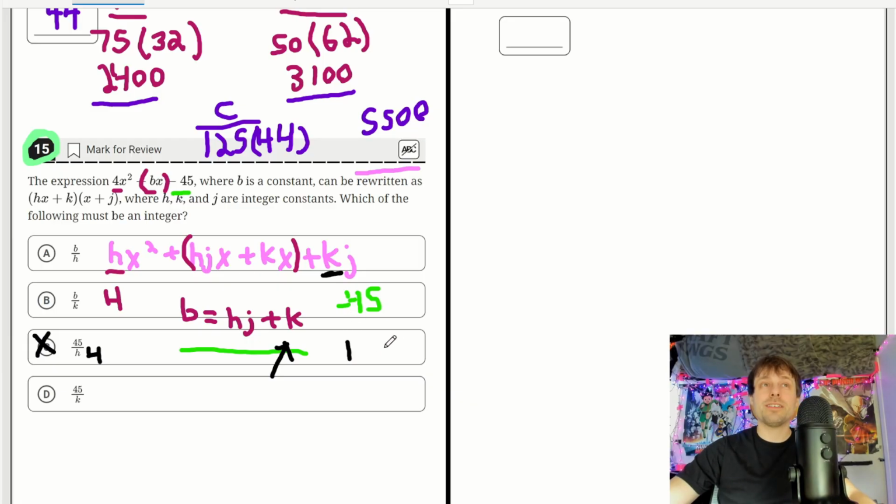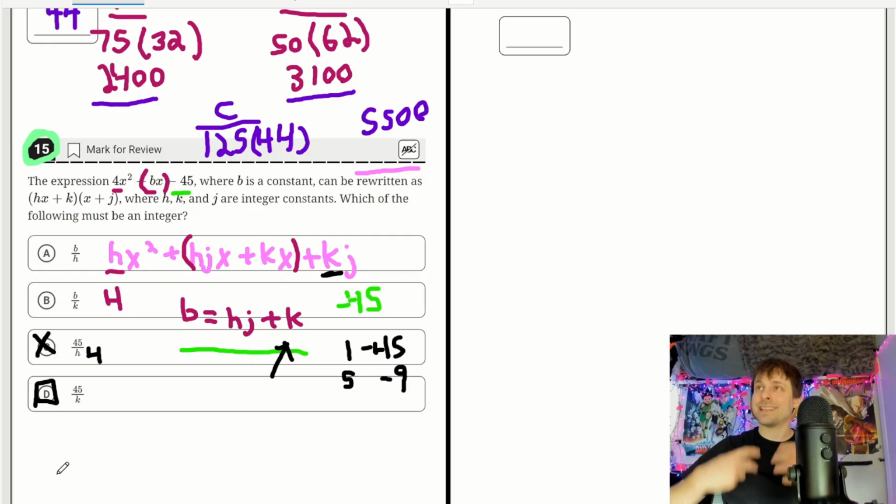If K is 1, J is going to be negative 45. Right? If this is 5, this is going to be negative 9. You are trapped because they're integers into K and J just being two different factors of negative 45. So once you kind of prove that, you say, well, 45 over any factor of negative 45, even if it becomes negative, it's always going to get us an integer. So not too bad there.